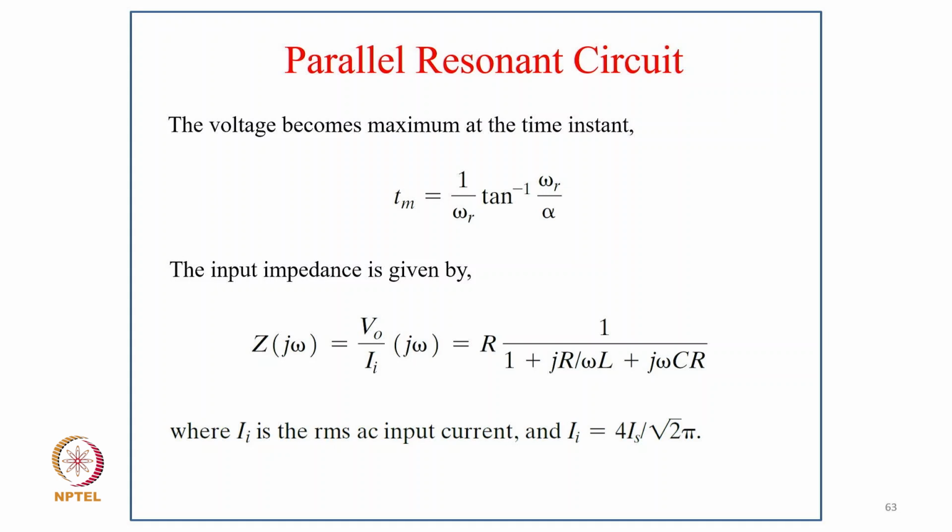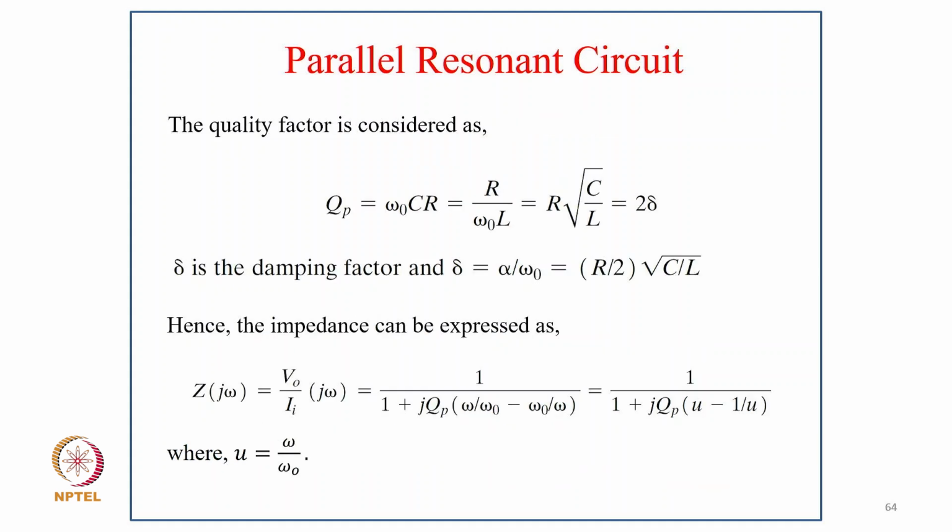The input impedance is given by Z = Vo/I = R/(1 + jR/(ωL) + jωCR), where I is the input RMS AC current, and the quality factor is considered Qp = ω0 CR = R/(ω0 L) = R√(C/L) = 2δ, where δ is the damping factor, δ = α/ω0 = (R/2)√(C/L).